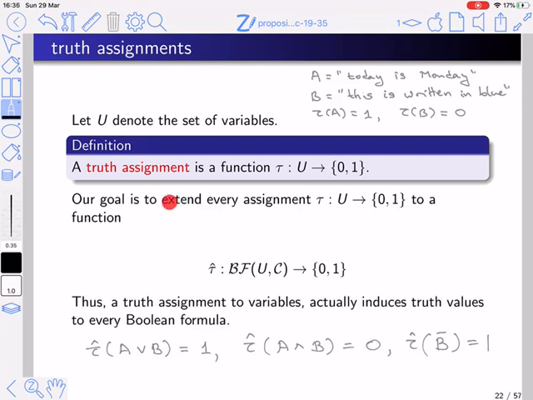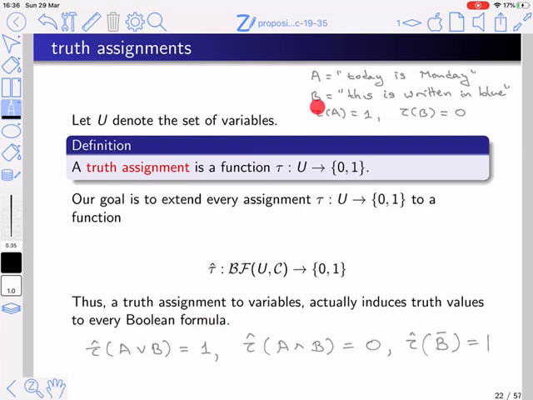Our goal is to extend the truth assignment tau from the domain U to the domain of all the Boolean formulas over the set of variables U with respect to our favorite set of connectives C. Thus, a truth assignment to variables becomes a truth value for every Boolean formula.